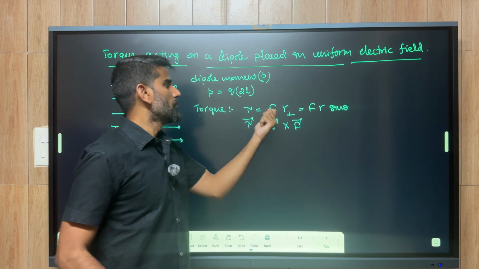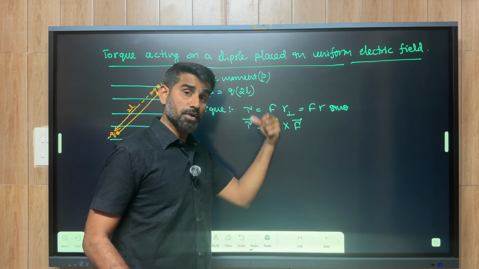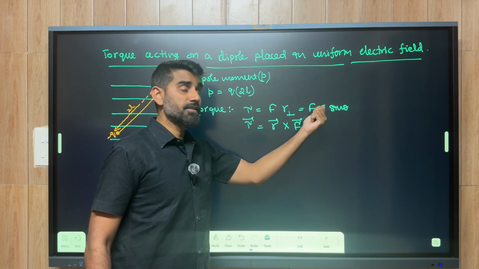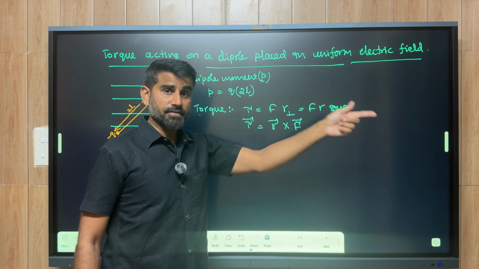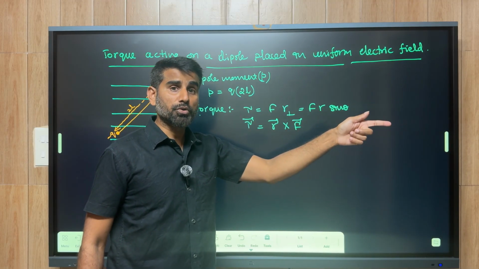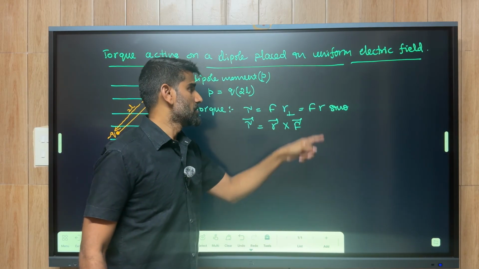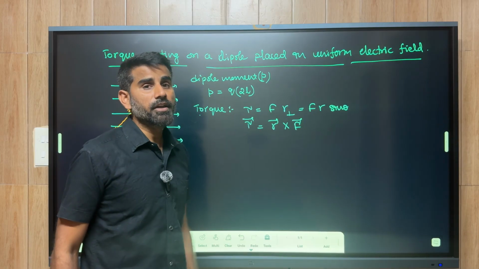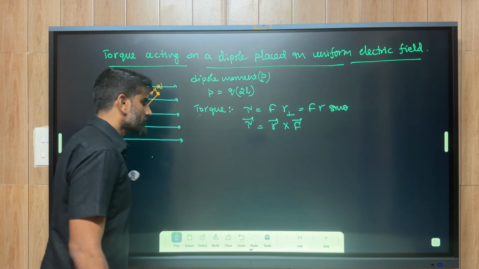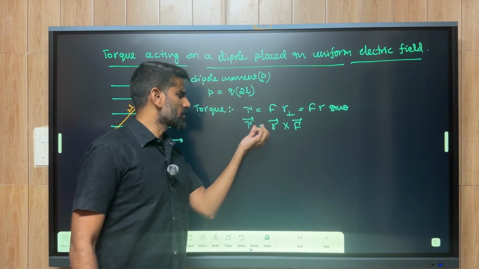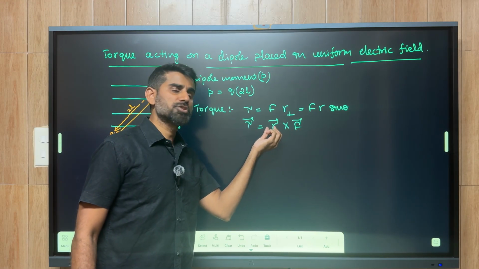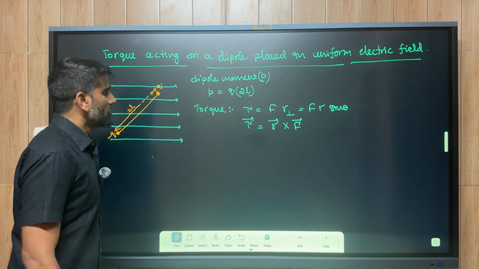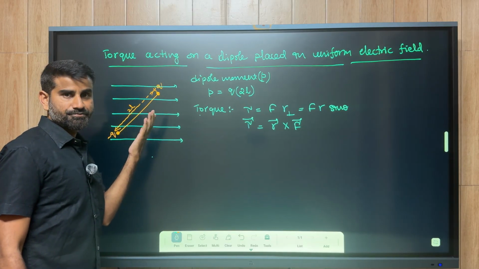Torque is equal to force into perpendicular distance of force from the axis of rotation, or F r sin theta, where r is the distance to the force from the axis of rotation, and theta is the angle between r vector and F vector. In vector notation, torque is equal to r cross F. r is the position vector of force from the axis of rotation, F is the force. Now, where is the force in this diagram?